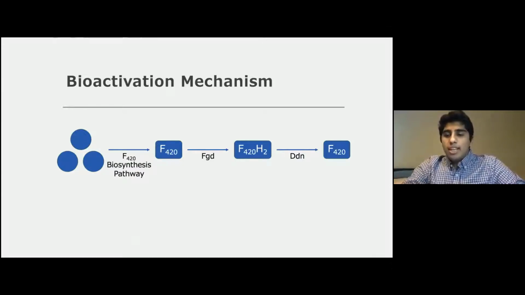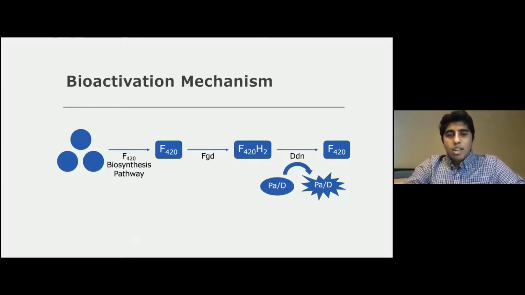But what DDN does is it's able to transfer that hydride from the reduced form of F420 to the prodrug versions of both pretomanid and delamanid, and that allows it to be activated. So this pathway is essential to activating pretomanid and delamanid and helping them develop these antimicrobial properties when they're ingested and metabolized in the body.